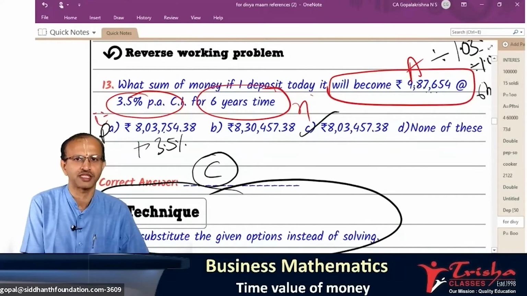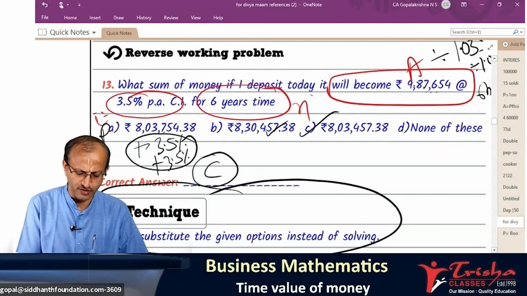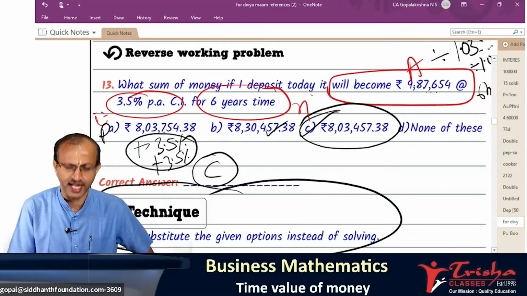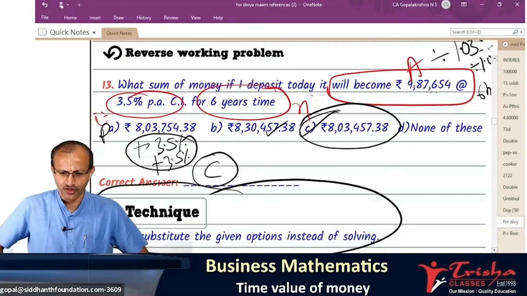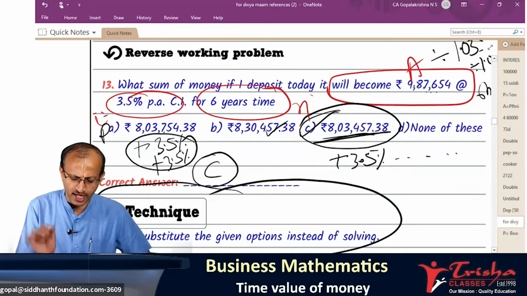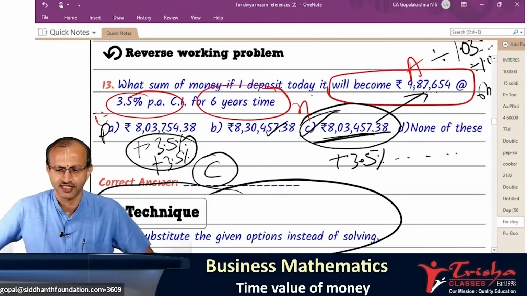Add 3.5% 6 times, or you can use the formula. With this, whether you get. So you choose which is nearer to get that 9,87,654. Finally, taking this as the base, add 3.5% 6 times, go on, you will get this, or almost very close to that answer.